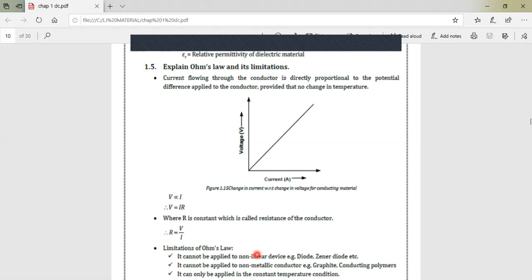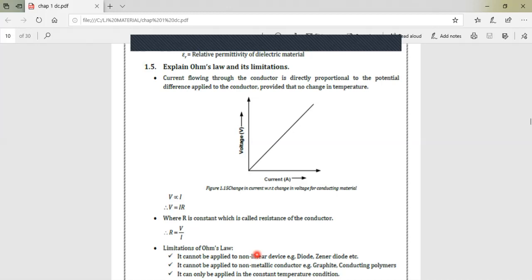R equals rho L by A. Factors affecting resistance are length, area, and temperature. What is inductance? The property of a material to store energy in the form of a magnetic field. L equals N phi upon I. Capacitance is the property of a capacitor to store energy in the form of charge. C equals epsilon A by D.